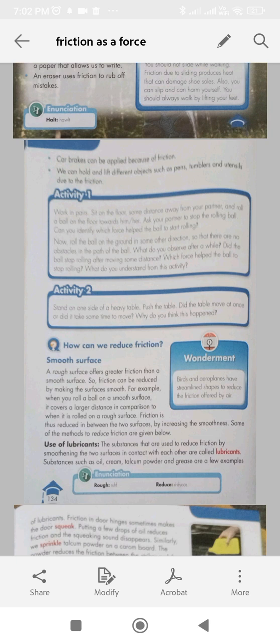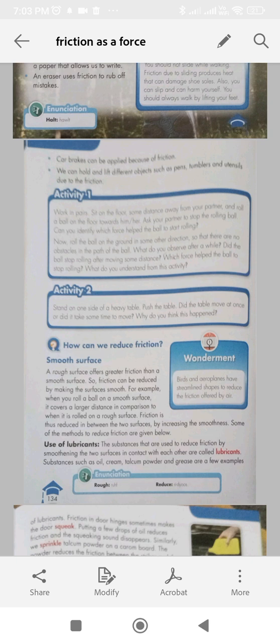Activity 1. Work in pairs. Sit on the floor some distance away from your partner and roll a ball on the floor towards him casually. Ask your partner to stop the rolling ball. Can you identify which force helped the ball to start rolling?